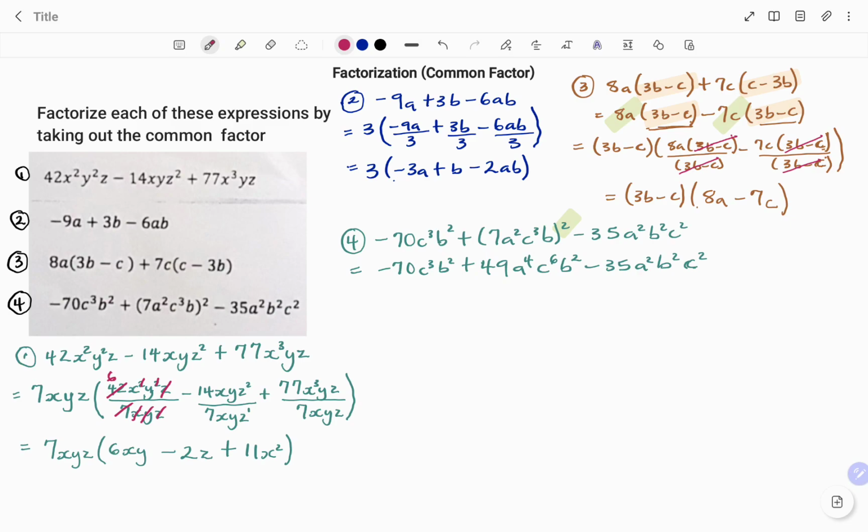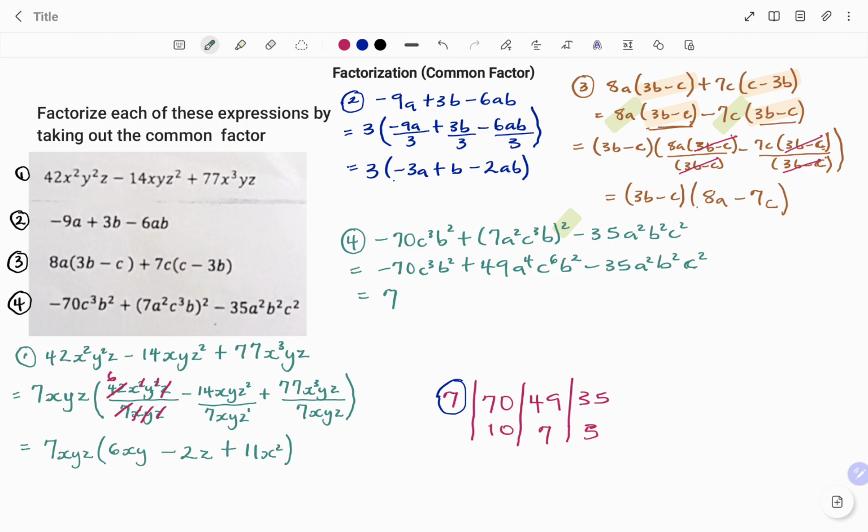If I go to the whole numbers, I have 70, 49, and 35. The highest common factor for these whole numbers will be 7. 7 in 70, 10; 7 in 49, 7; 7 in 35, that will be 5. So therefore, 7 is my highest common factor. Then I go to my variable c.